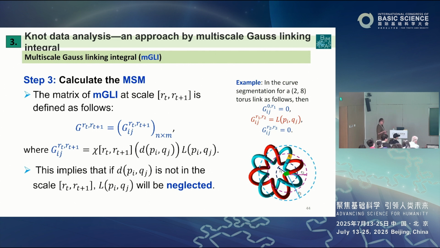This implies that if the distance is not in the scale, then the Gauss linking integral will be zero.